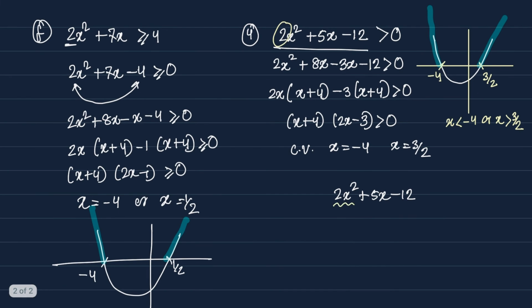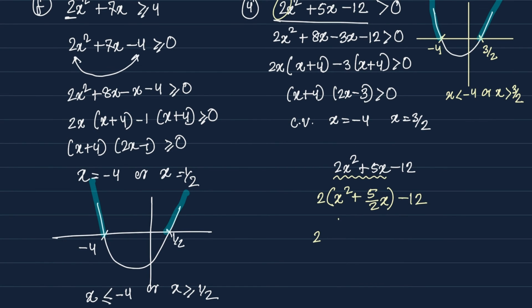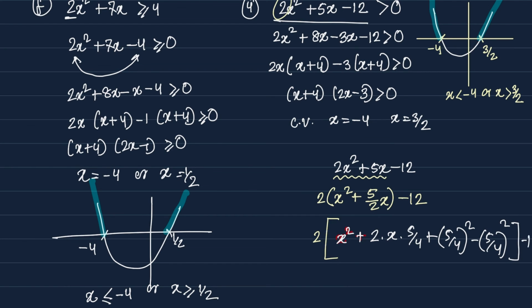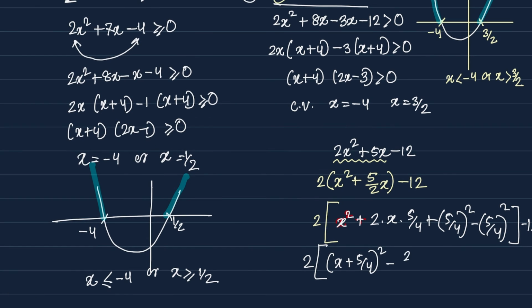Let's take 2 factored out from the first two terms. 2 times (x squared plus 2 times x times 5/4 plus (5/4) squared minus (5/4) squared). The bracket is closed, and then negative 12. So 2 times ((x plus 5/4) squared minus 25/16).